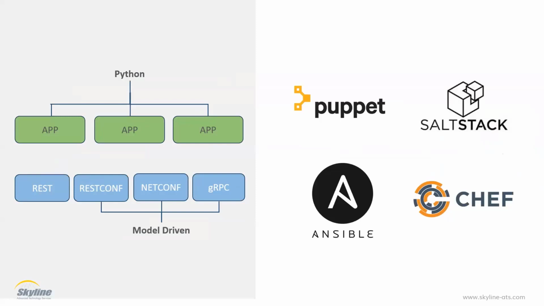They start learning about configuration management tools, maybe using Ansible, which is a popular one for networks. And then probably the last thing you step into is more of the RESTCONF, NETCONF, gRPC, just because they're a little bit more complex to learn than REST or using Python with NetMiko, right?